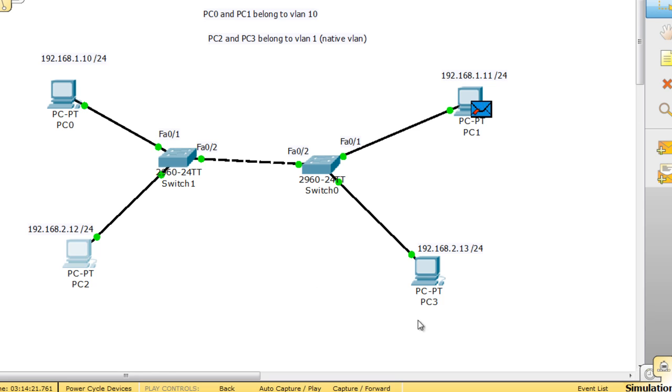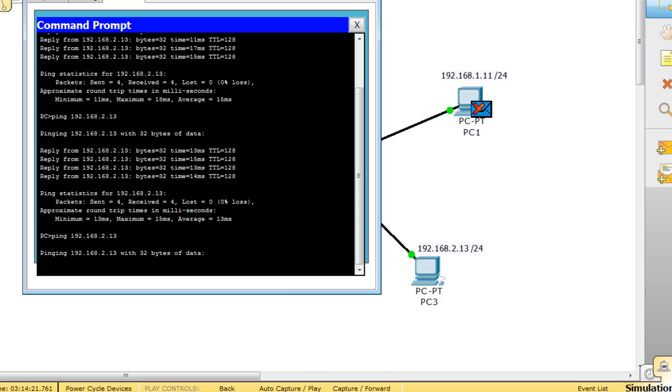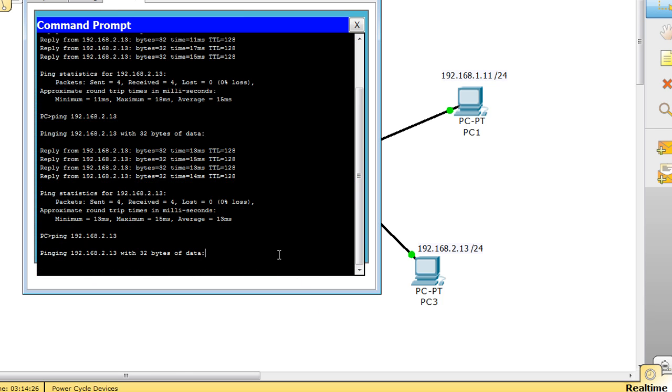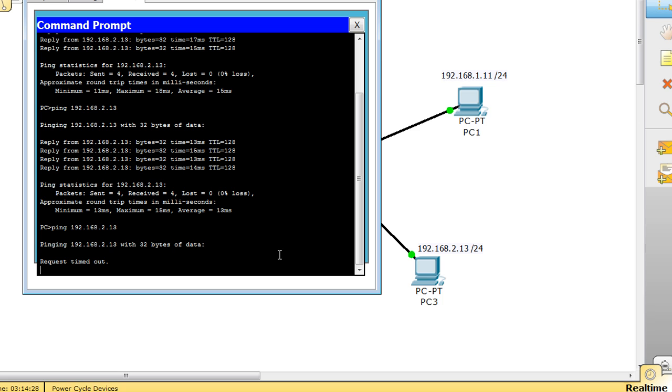I'm trying to reach PC3, but instead of reaching PC3, I reach PC1, and the ping is gonna fail. So let's go back and check the ping up here. Let's go back to real time. The ping is going to fail, the ping timed out.